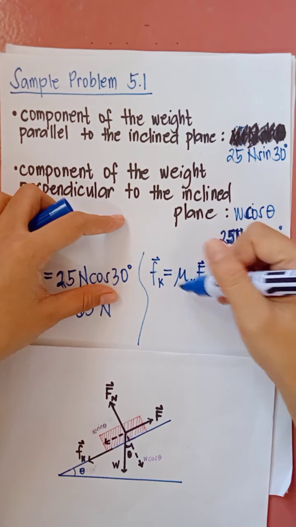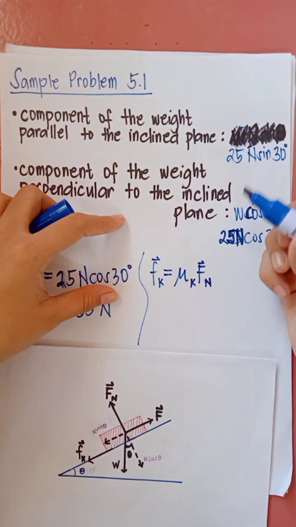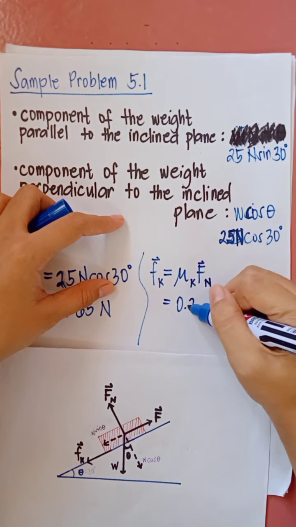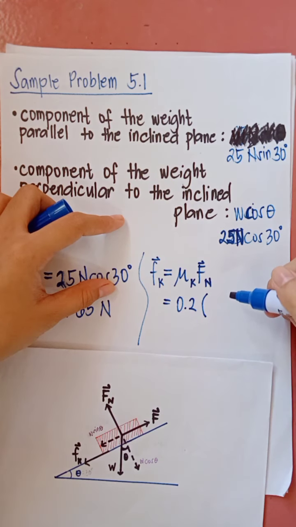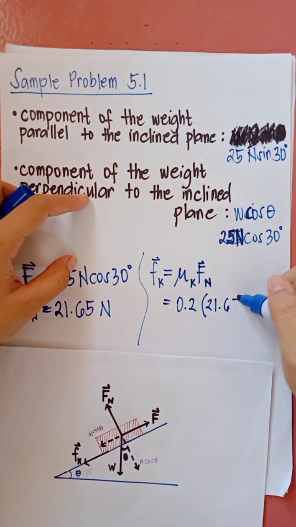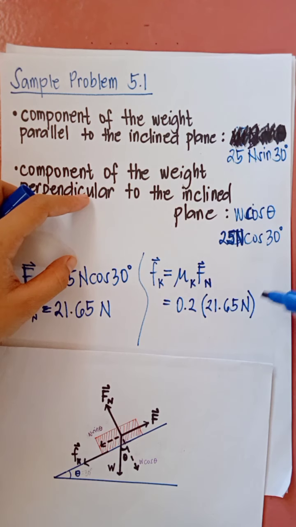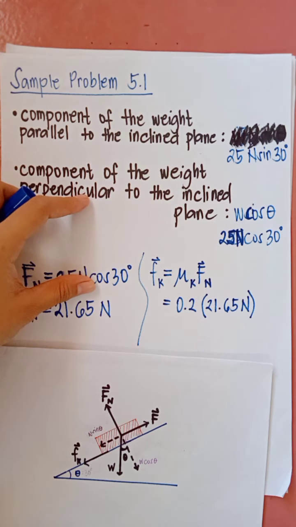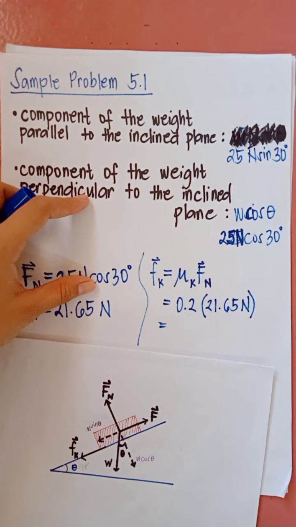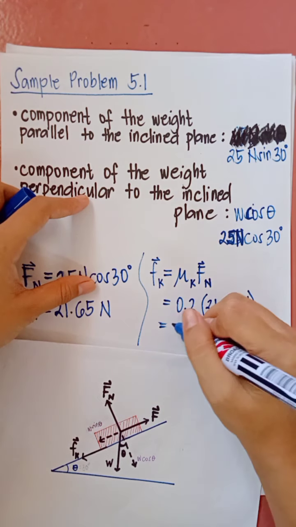Coefficient of kinetic friction multiplied by the normal force. Right now, the coefficient of kinetic friction is given as 0.2. We multiply that with the normal force, which is 21.65 newtons. 21.65 times 0.2, we get 4.33.